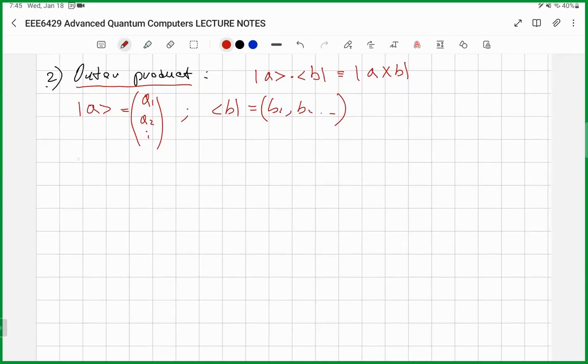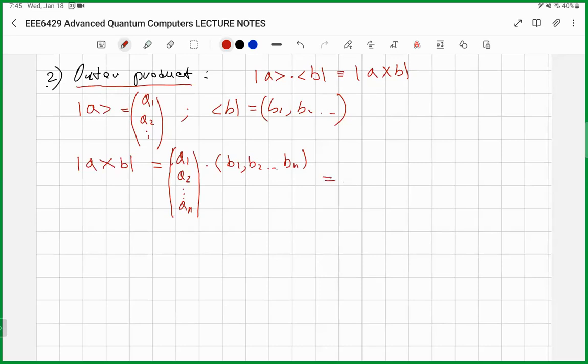But now when we have this outer product A times B, this simply means that the ket is on the first place, A1, A2, etc., all the way up to An. So this is the column, and then it is multiplied by the string B1, B2, etc., Bn.